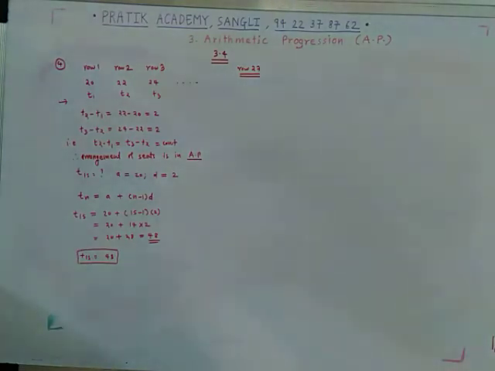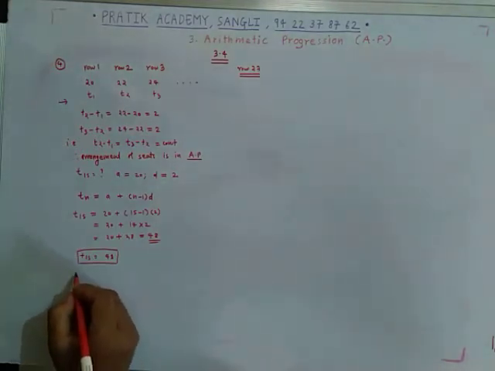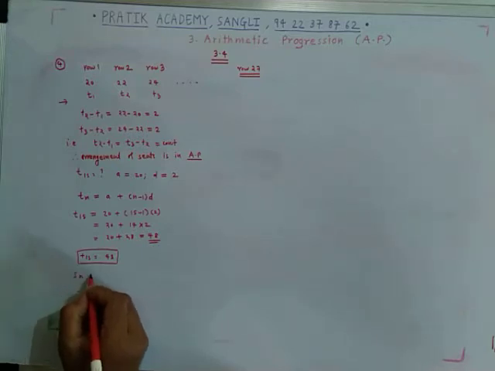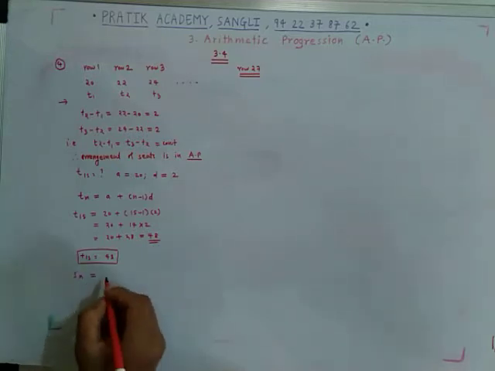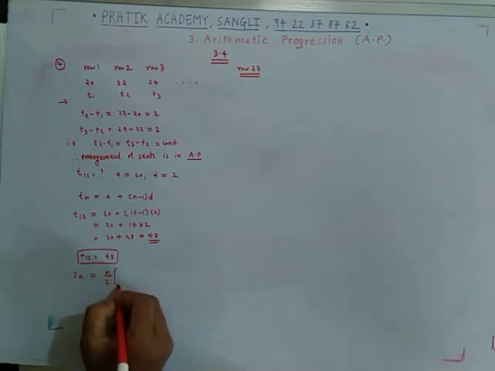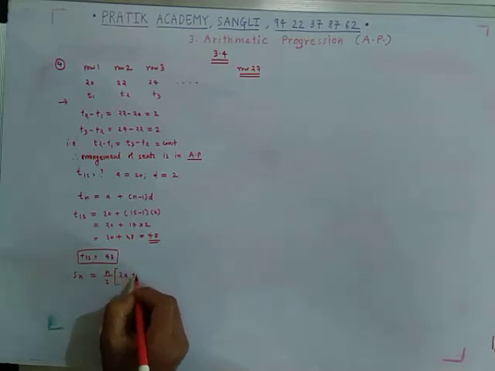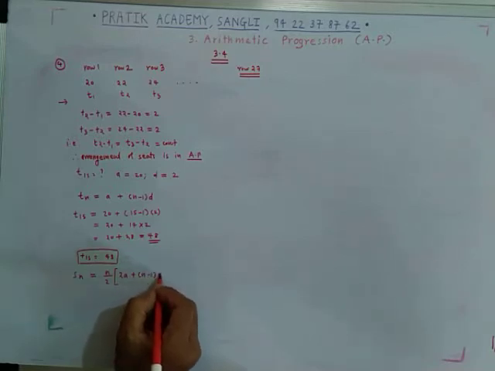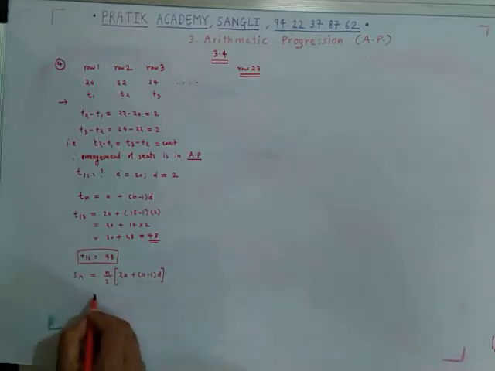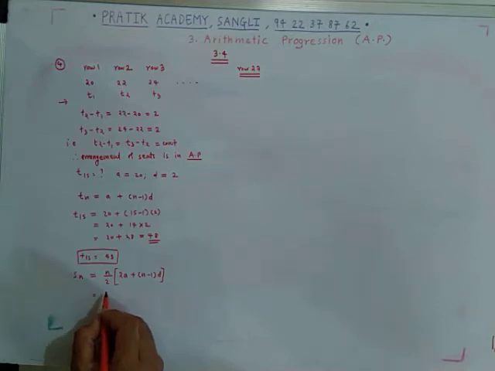What is the next question here? They have asked to find the total number of seats. For that purpose we have to take the sum, and we have the formula Sn is equal to n upon 2 in bracket 2a plus n minus 1 into d. Putting in the values: n is the number of rows, which is 27.